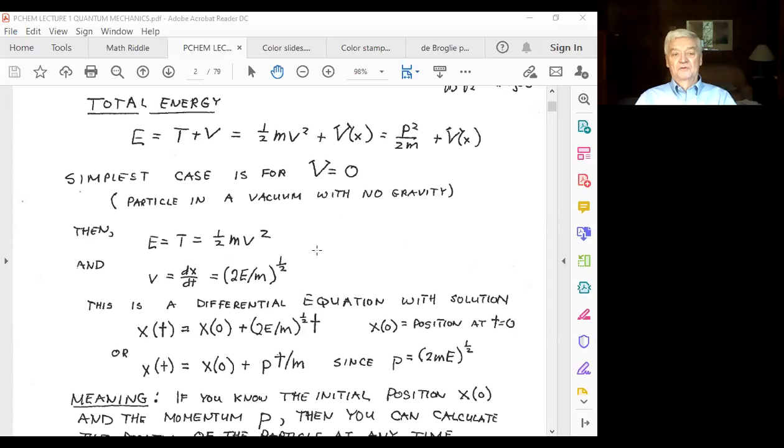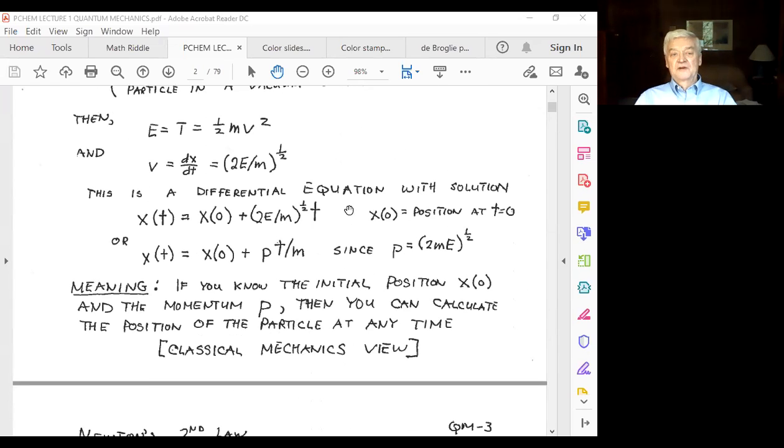And so we can rearrange this by solving for v. We have to take the square root of both sides and also then wind up dividing through by mass and moving the 1/2 to the other side. So this creates a differential equation. We will look at some differential equations in this course.